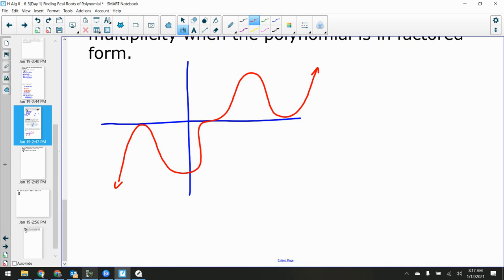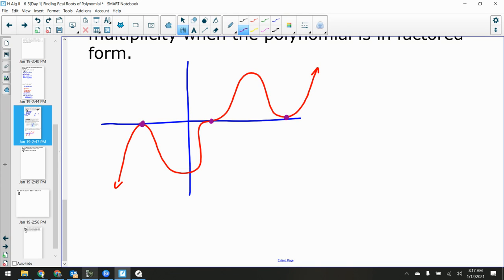I see an even root here, an odd root here, and an even root there. Do I actually know what the multiplicities are? No. I just know their evenness or oddness. That's all you really know.